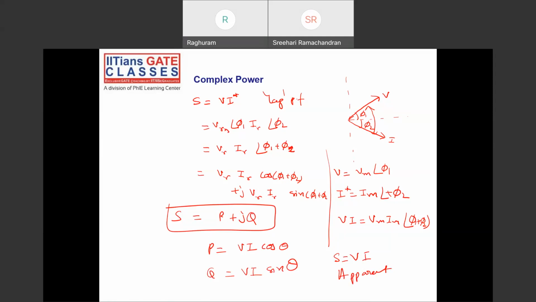P is called the active power or real power. Q is called the reactive power. Reactive power, active power, and apparent power: these terms are important.